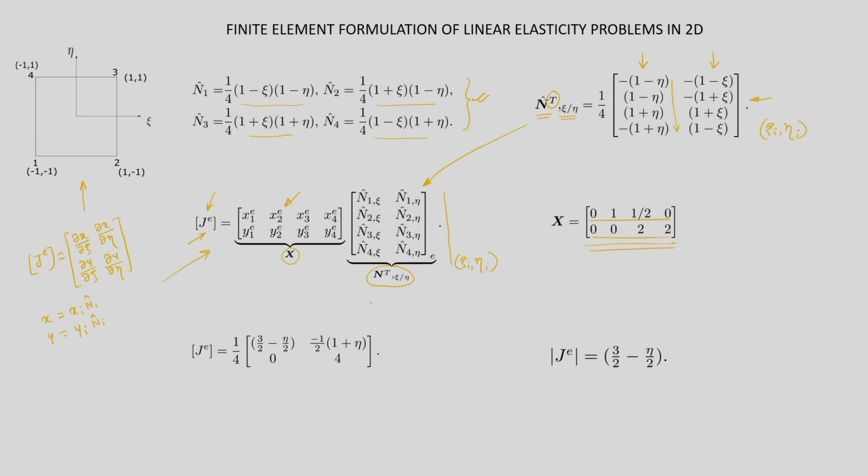For the current problem, once I replace the X matrix, the Jacobian takes this shape, and particularly for this geometry the Jacobian depends only on eta. For this particular problem we calculated the determinant, and the determinant turns out to be a function of eta. So all these terms we can evaluate at a particular point in the master element.